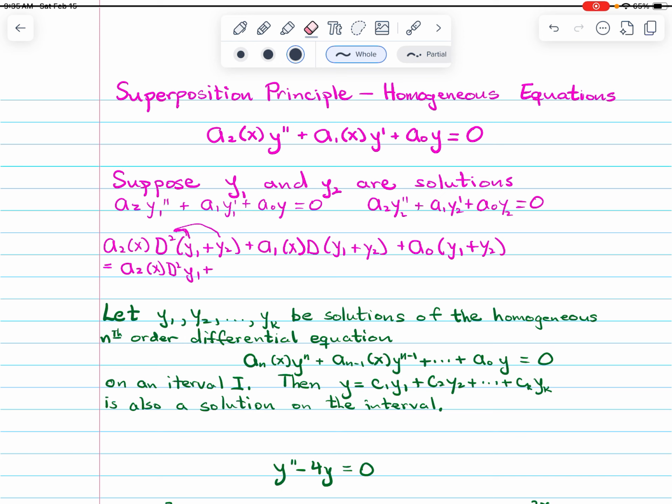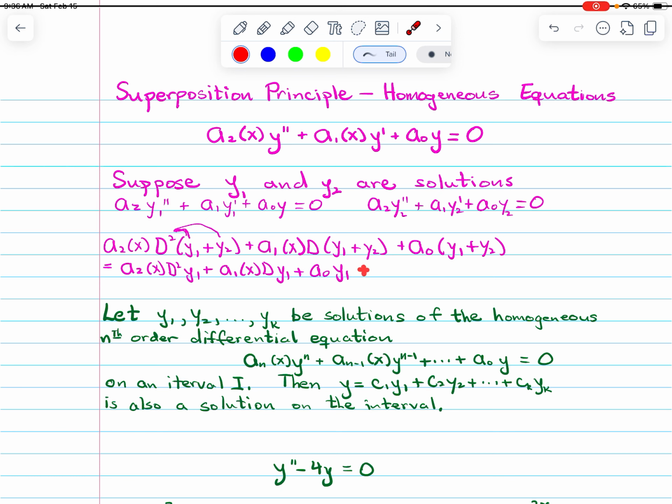I'm going to come back and finish clearing the parentheses, but let's see what we've got. I've got a1x dy1 plus a naught y1. Okay, so notice I just cleared and used the first term. This, and this, the y1.